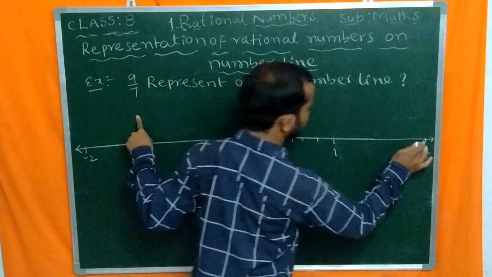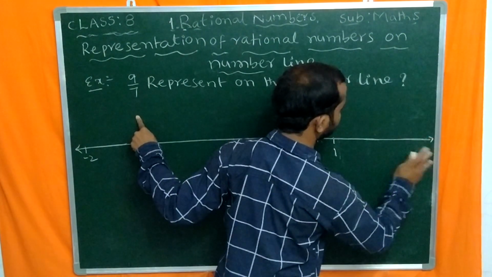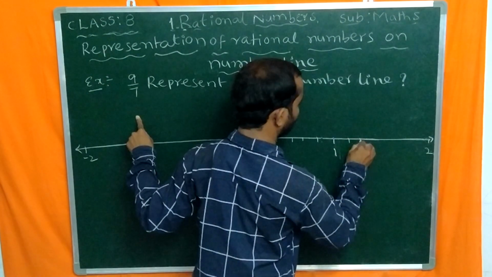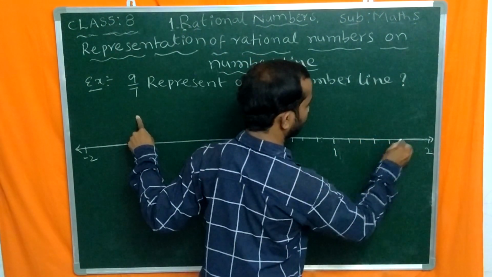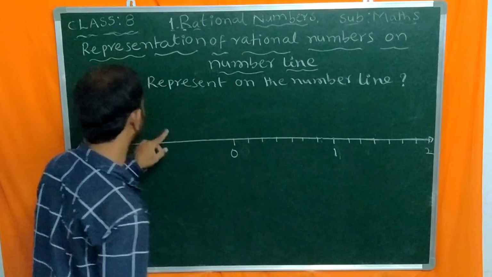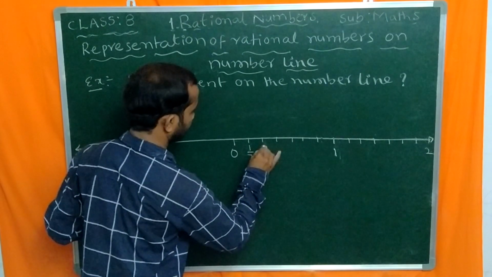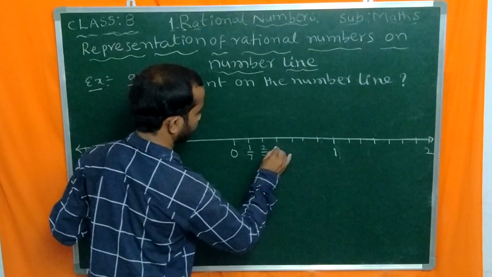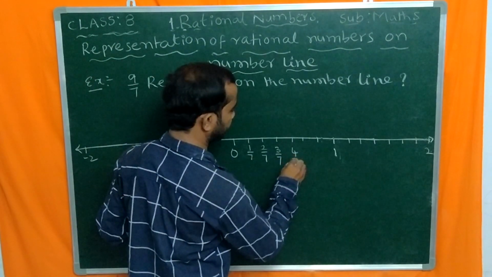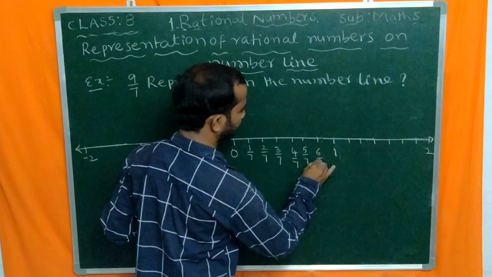Next, the second unit will also be divided into 7 parts: 1, 2, 3, 4, 5, 6 and 7. So first, this is 1 by 7, 2 by 7, 3 by 7, 4 by 7, 5 by 7, 6 by 7.